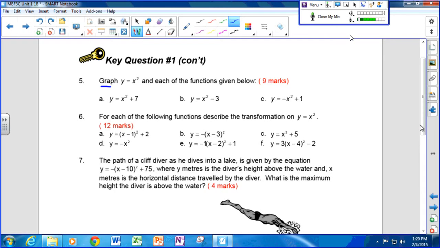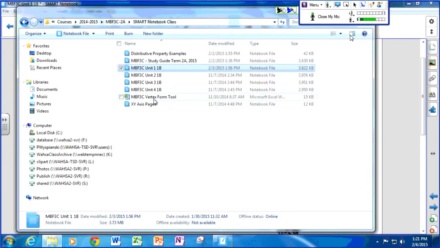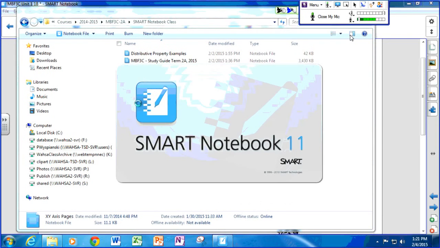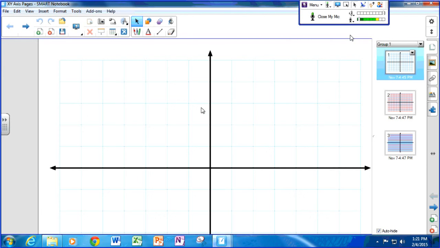If you can't find any around, just contact me. I'll be happy to email you a file that you can print out with graph paper. So let's see here. I'm just going to switch to some graph paper. Okay, there we go.